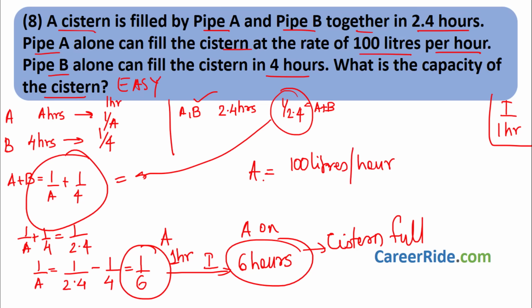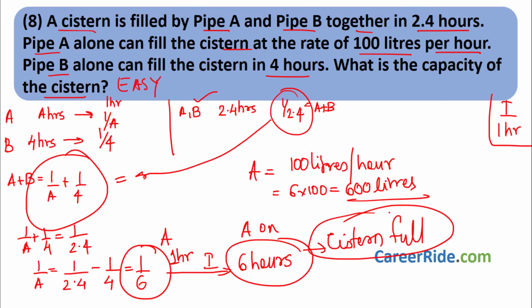So in 6 hours, how much water will be given by A? 6 into 100, that would be 600 liters. A gives out 600 liters in 6 hours, and we know that when A is on for 6 hours, the cistern gets full. That means the capacity of the cistern is 600 liters. See how easily we got the answer. We just need the basic formula and we need to apply it.